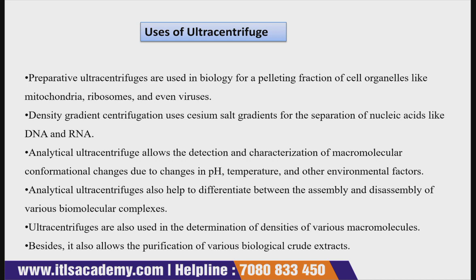Density gradient centrifugation uses a cesium chloride gradient for separation of nucleic acids like DNA and RNA. Analytical ultracentrifuge allows the detection and characterization of molecular conformation changes due to changes in pH, temperature, and other environmental factors.